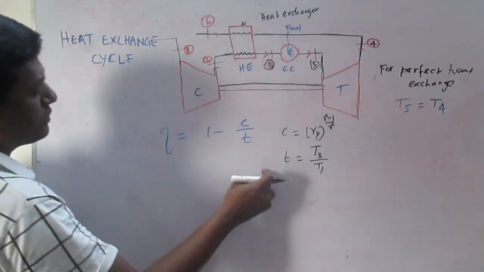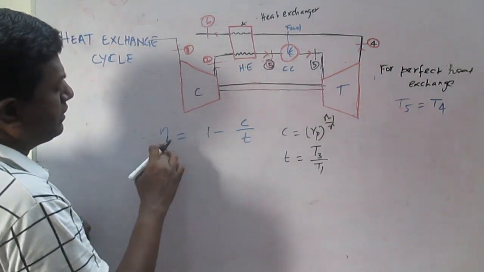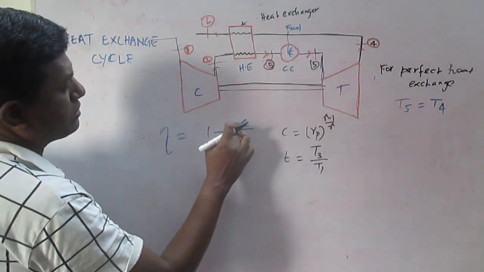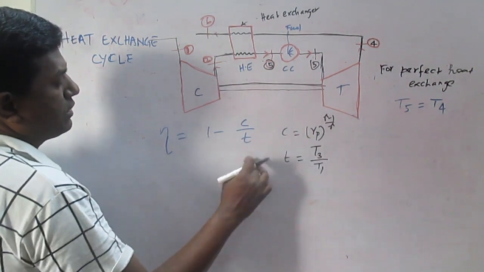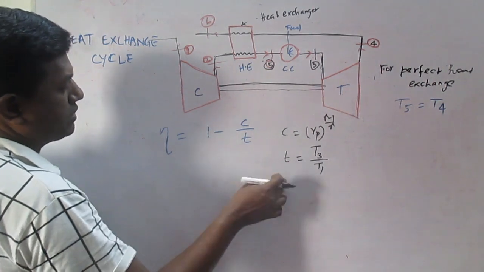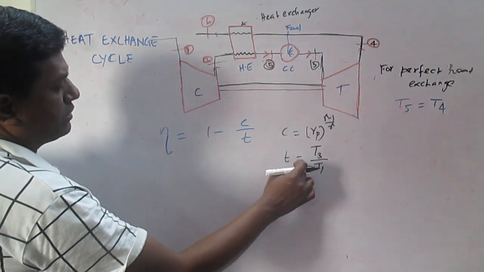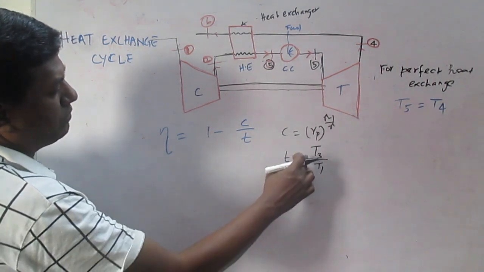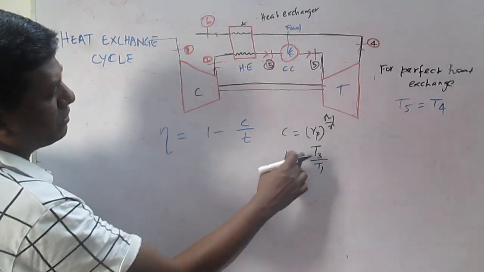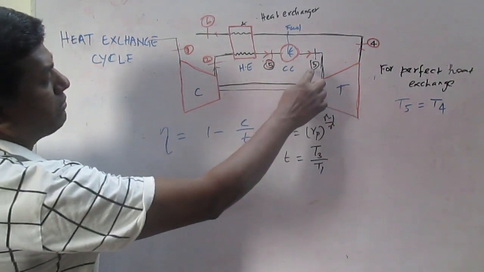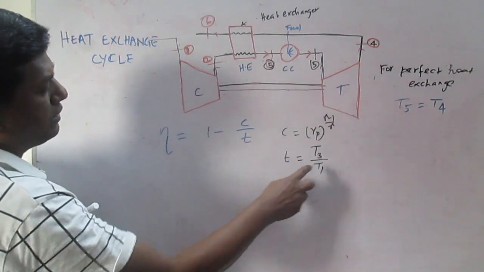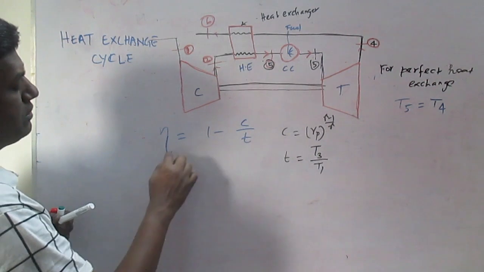So this efficiency does not only depend on the pressure ratio, meaning C. It depends on the temperature ratio, particularly the maximum cycle temperature, because the maximum cycle temperature determines the performance.